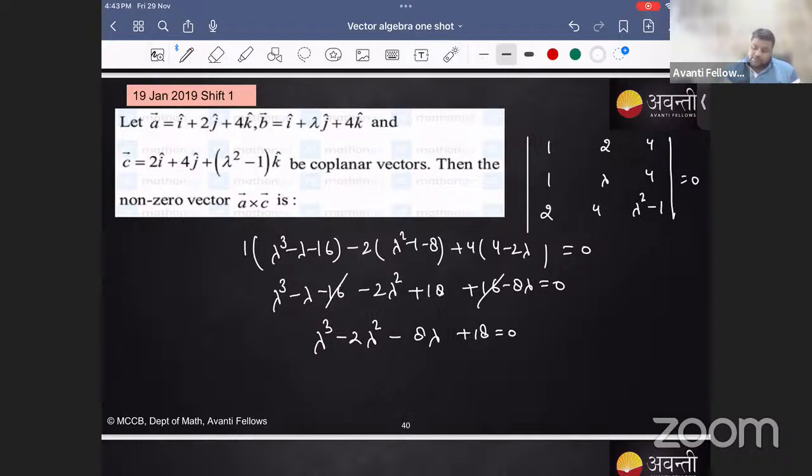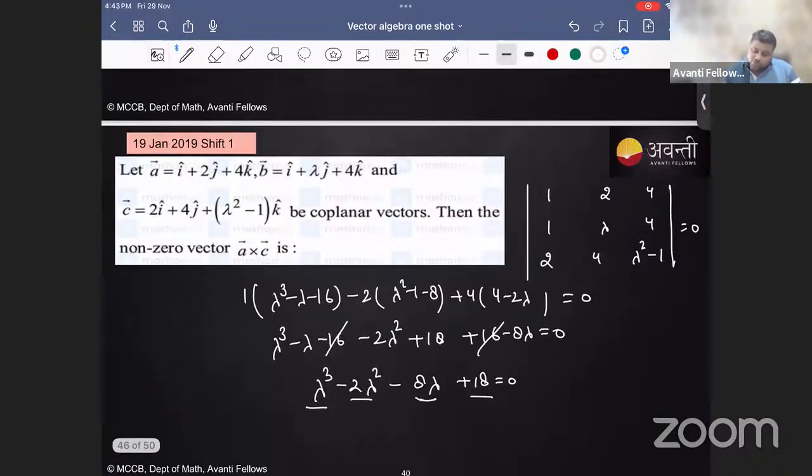Now see, lambda equals to 2 should be a root, because lambda equals 2 satisfies this determinant being 0.